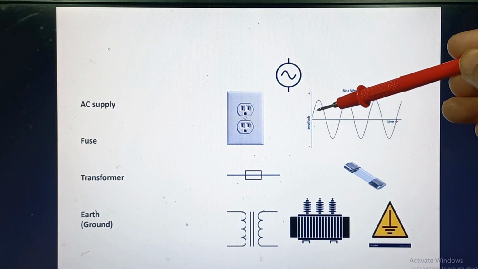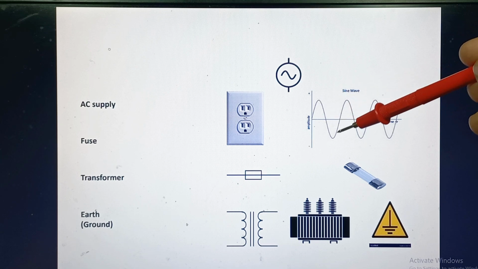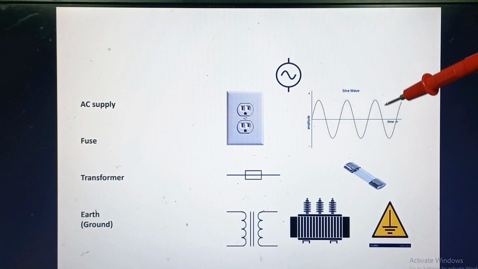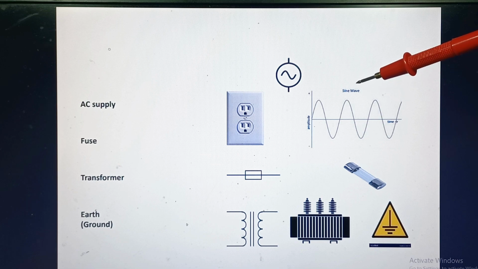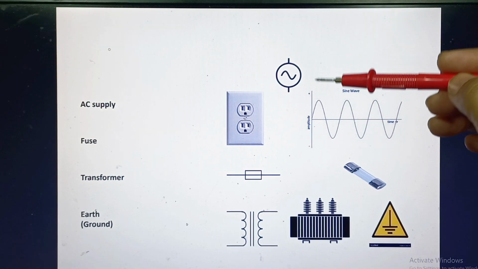It has crest and trough along with variable polarity. In AC circuits, the flow of electrical charge, or in other words, electrons, periodically reverses their direction. The typical waveform of an AC is a pure sine wave. This is a sine function, which I'll discuss later on in detail.